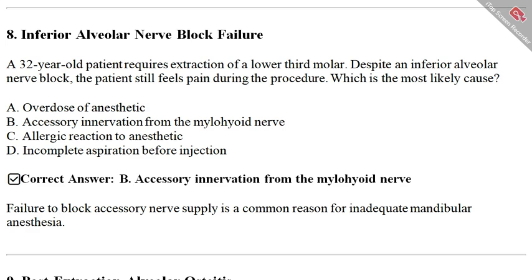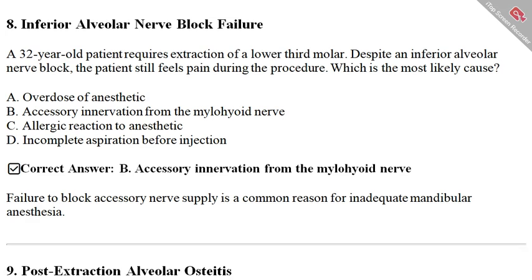Which is the most likely cause? Option A is overdose of anesthetic. Option B is accessory innervation from the mylohyoid nerve. Option C is allergic reaction to anesthetic. Option D is incomplete aspiration before injection.